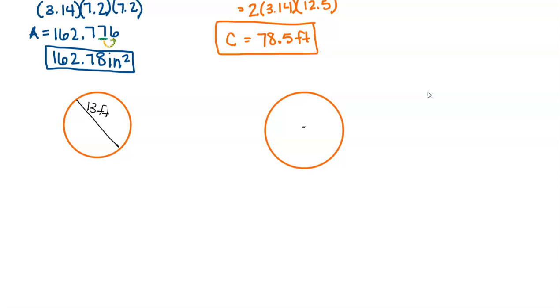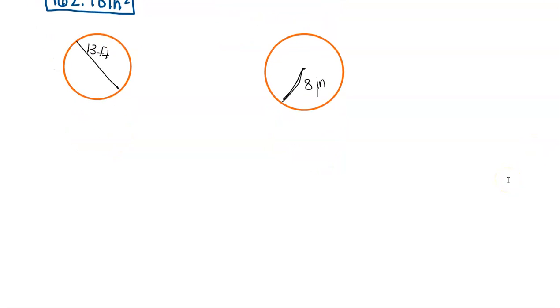And here we will have, sorry, that's supposed to be a straight line, guys, 8 inches. Try and find the area and circumference of both of them. Remember, you need to use your radius and the formulas. Area is pi r squared. Circumference is 2 pi r. Please pause the video, try them, and then we'll come back.